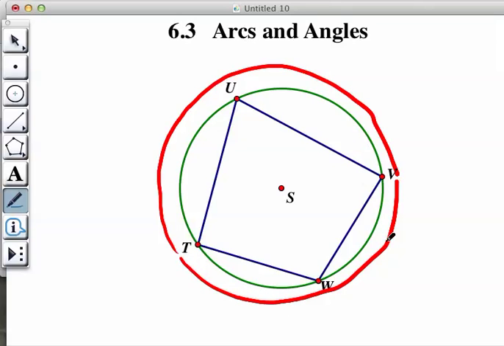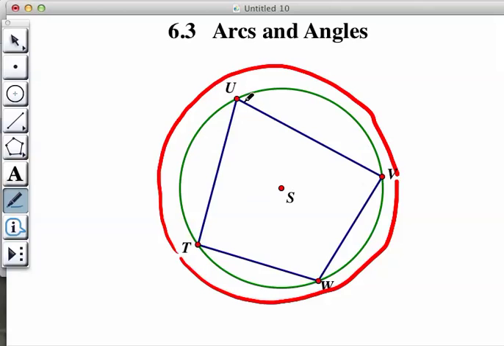Well, look what we just made. If we add those two arcs together, we get a complete circle. So they must be 360 degrees. So what does that mean about the measure of this angle plus this angle? It must be 1/2 of 360, or 180. And that makes the opposite angles of an inscribed quadrilateral supplementary.